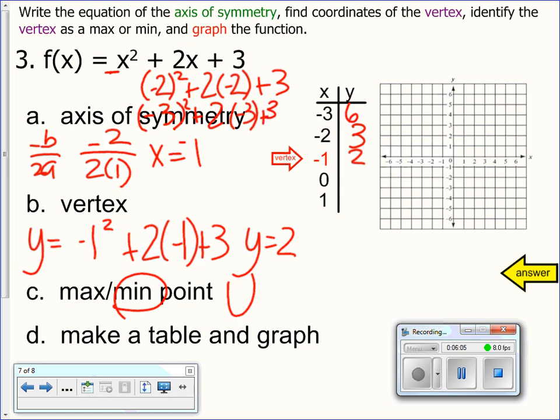If I plug in 0, I'm going to get 3, and if I plug in 1, I'm going to get 6. Again, making sure those match. Let's graph it at negative 3, 6, at negative 2, 3, at negative 1, 2, at 0, 3, and at 1, 6. And there's my parabola.